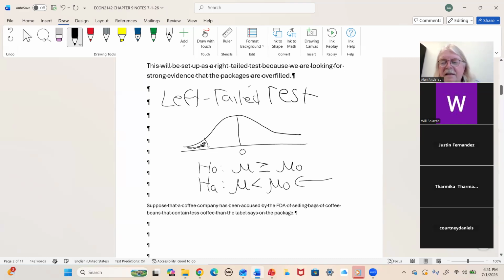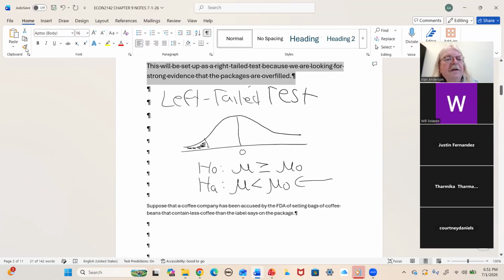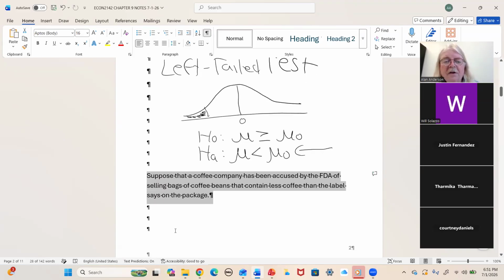In other words, it says 16 ounces, but it's really only 15.2 ounces. The company has got to make sure this is not the case because otherwise they're going to get in all kinds of trouble because they're basically ripping off the consumers. And they could be heavily fined if that turns out to be true.